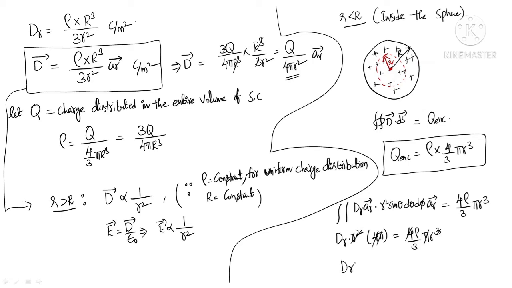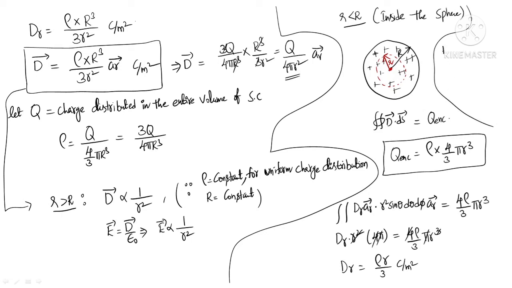Now what is D? D can be given by rho into r divided by 3, coulomb per meter square. If I want to express this in vector form, how can I express?